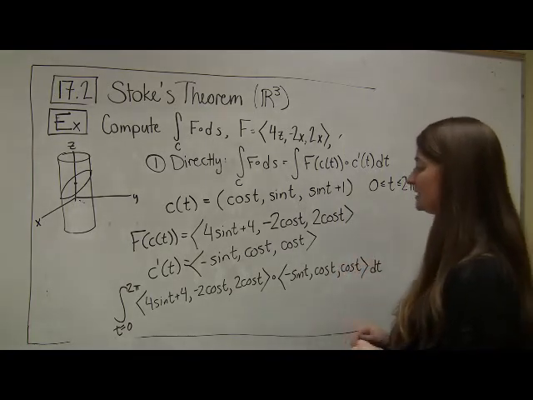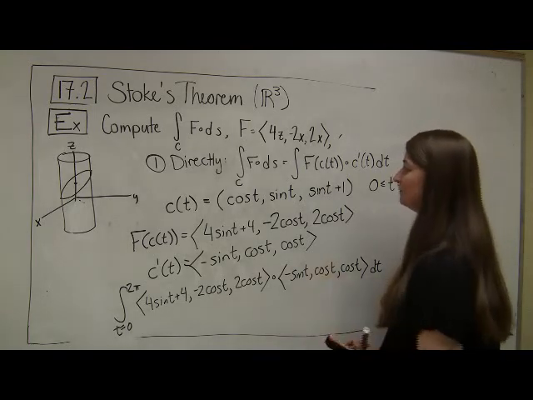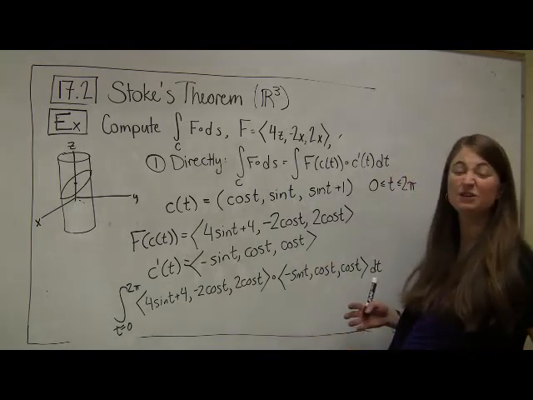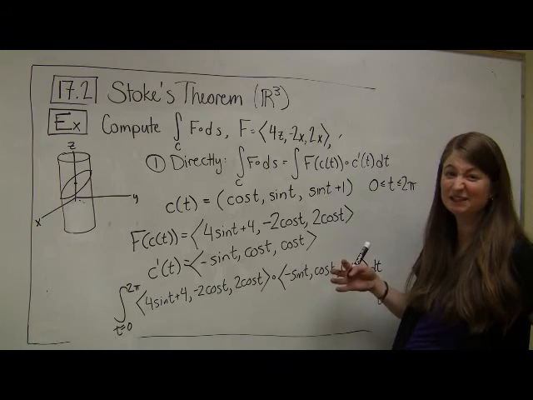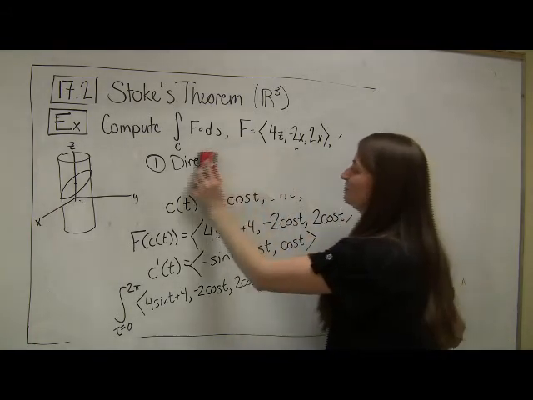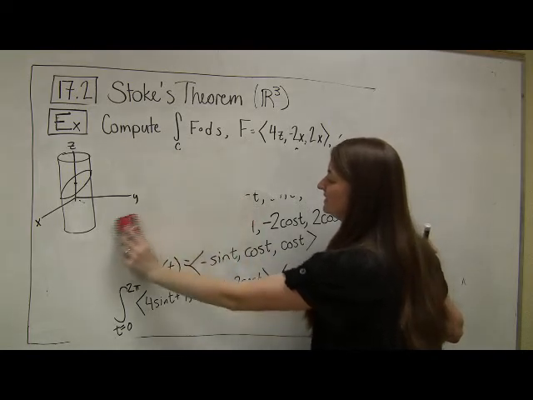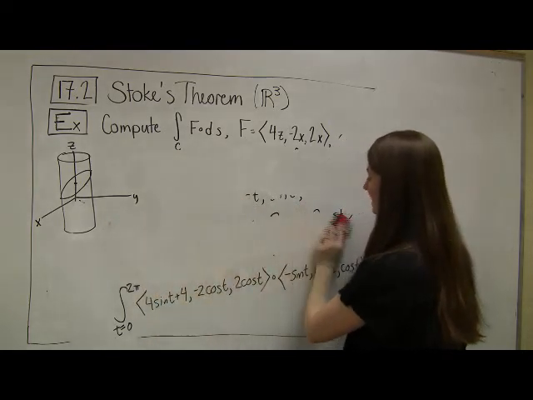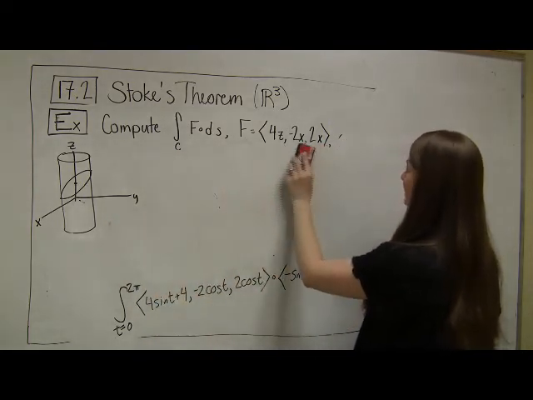Phew! So that's the setup. We have to take this dot product and compute the integral. If you don't feel like doing that, fast forward the video a little bit. But I'm going to do it. I think that it's important integration practice, and I've seen from some of your exams that integration practice is probably a good idea.